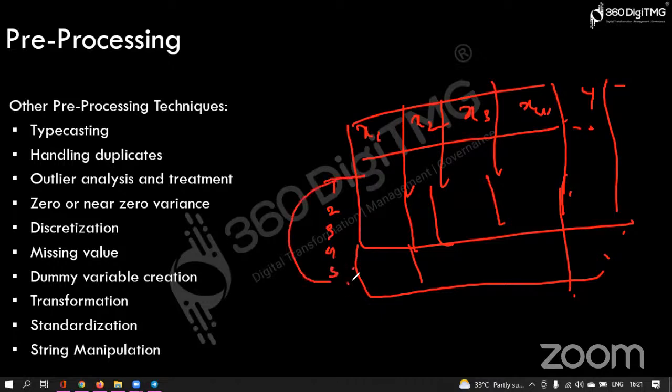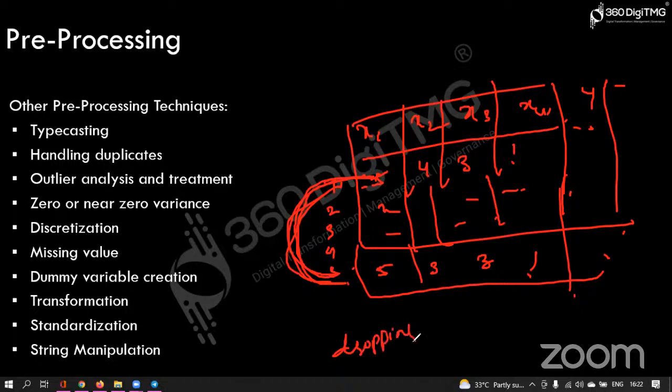If the first entry and the fifth entry are exactly the same, let's say 5, 4, 3, 1 and 5, 4, 3, 1, you are taking the same information in two rows. In that case, it will be a duplicate. In that, what we'll be doing, we'll simply drop those duplicates.